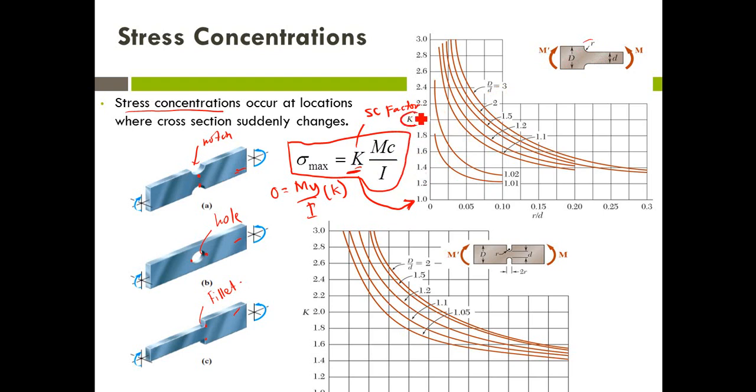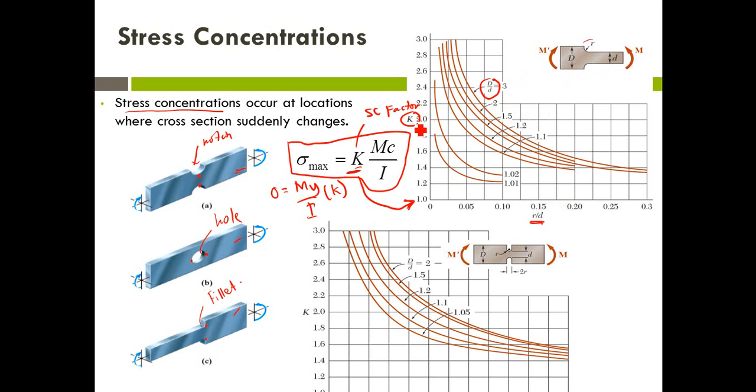You can get the K from this graph. The information required to determine the K is r over d and also capital D over d, which is the radius of the fillet over the small d here, and the capital D over the small d here.